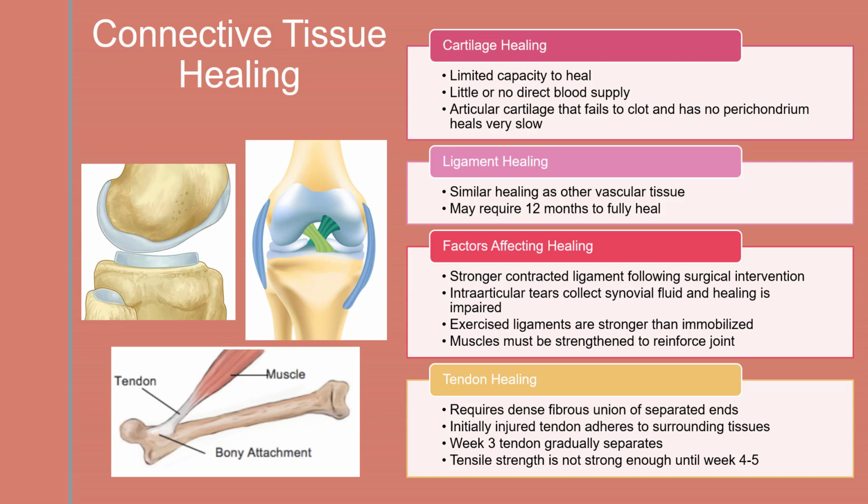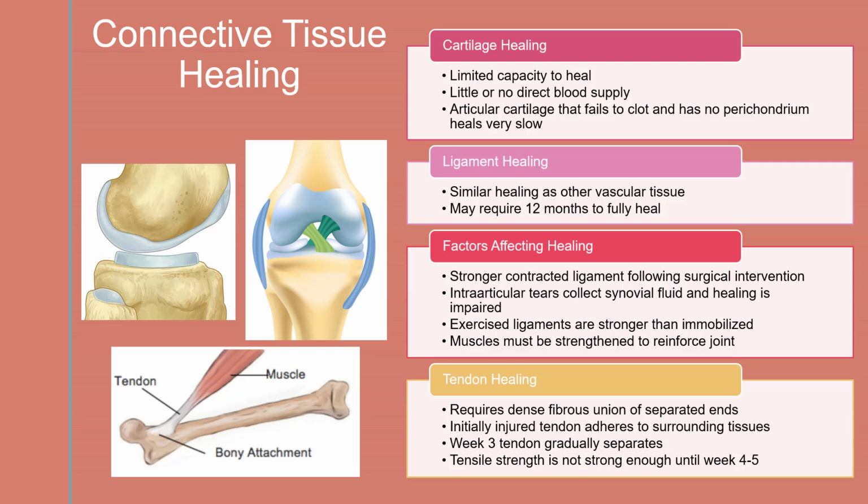Ligamentous healing follows a similar course as other vascular tissues. Proper care will result in acute repair and remodeling phases in the same time required by other vascular tissues. The repair phase will involve random laying down of collagen that, as a scar forms, will mature and realign in reaction to stresses and strains.